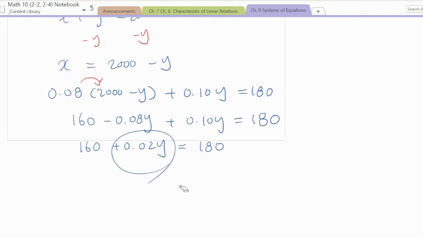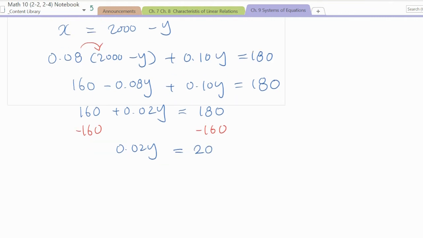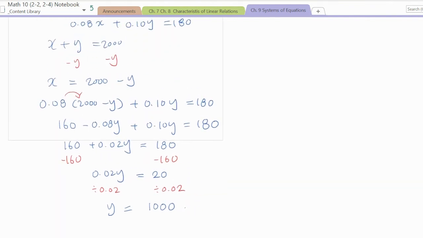We want to isolate this, so minus 160 from both sides. Then 0.02y equals 190 minus 160, which is 30. Alright, so we divide both sides by 0.02. Then the answer will be $1,500. So y equals 1,500.